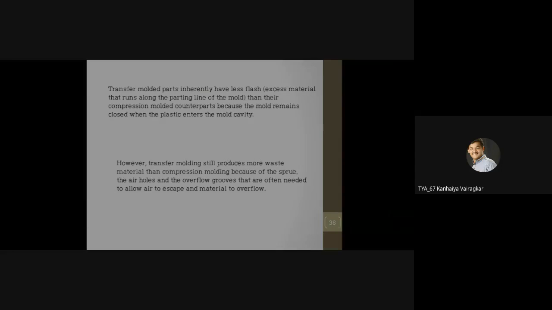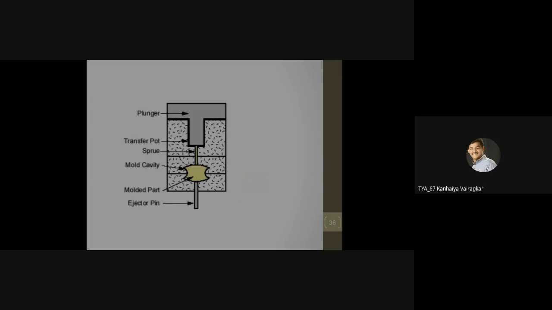But have you seen the first sketch? There is one extra rod-like structure, which is not a part of the component. It is because of the sprue. Are you observing here? It is because of the sprue. So this is also wastage. Though flash is not there, we are getting this extra part, which is not going to be part of the final design.